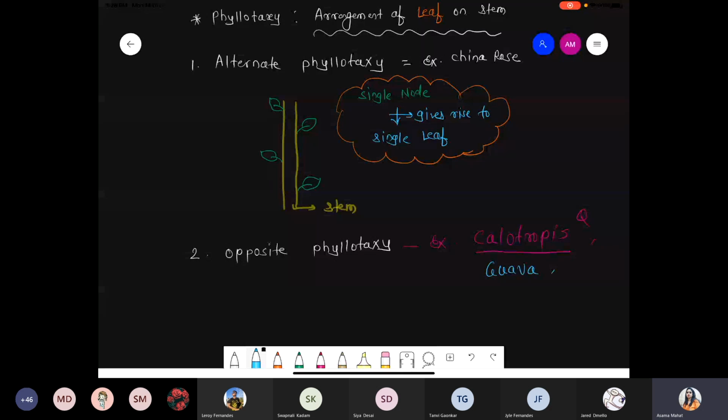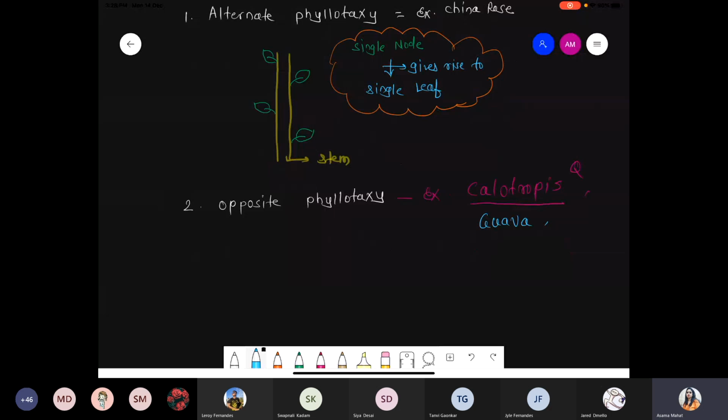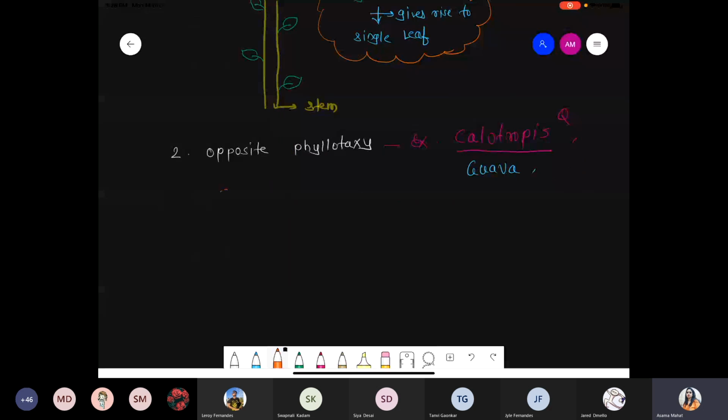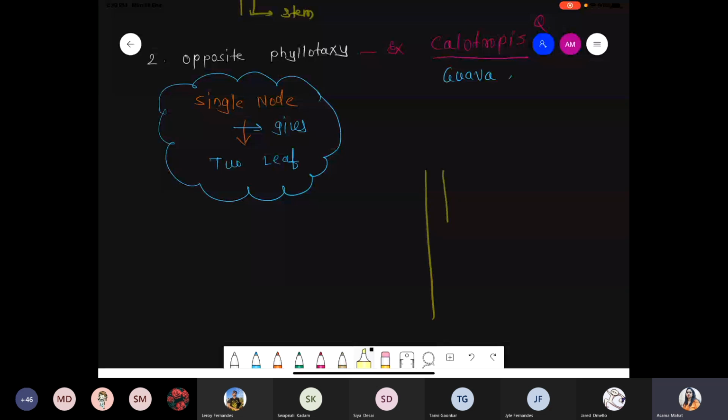And what is the meaning of opposite phyllotaxy? A single node gives rise to two leaves. Such type of phyllotaxy is simply the opposite phyllotaxy. So suppose this is a stem part, and on this stem part, these are the node regions.